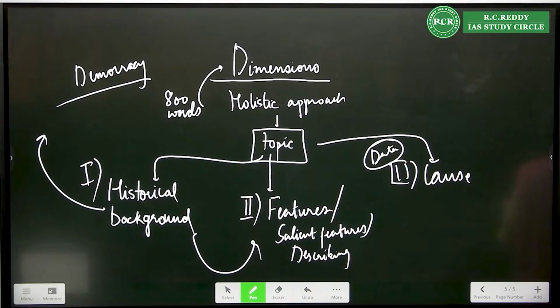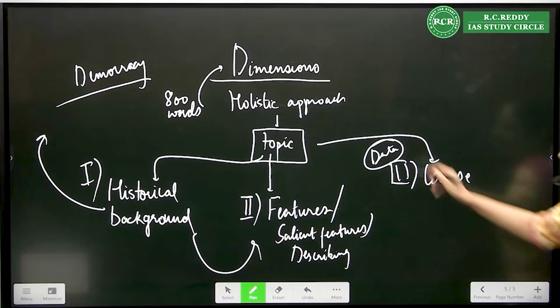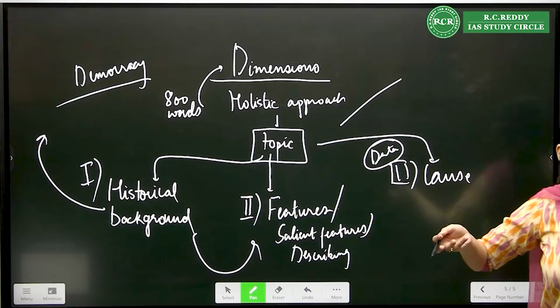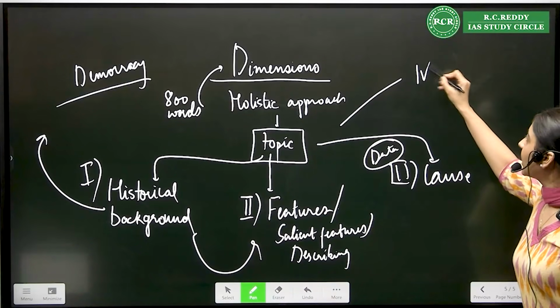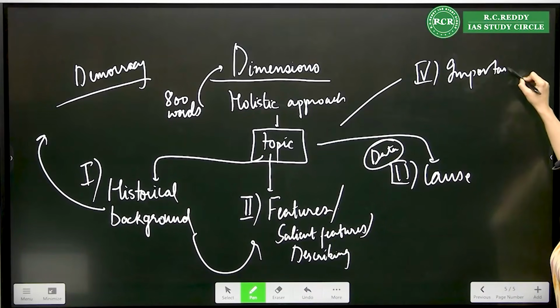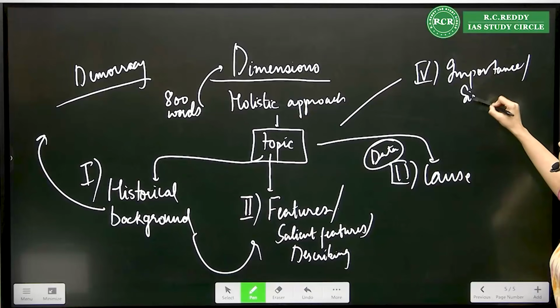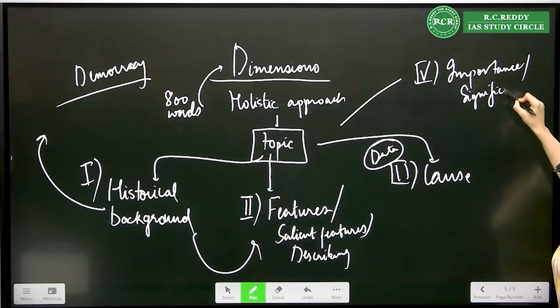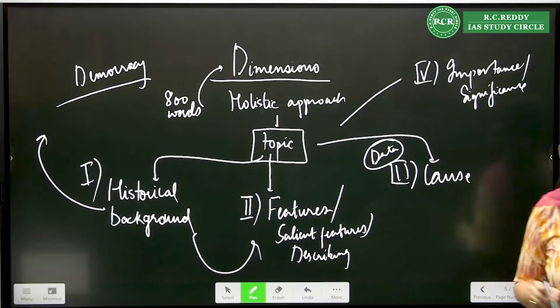So here you elaborate the causes. At least half a page or 1 page you can dedicate to causes only. Right? Then in some essays, not in the obesity essay obviously, you might discuss the importance or significance of something. Say it's about India-China relations.